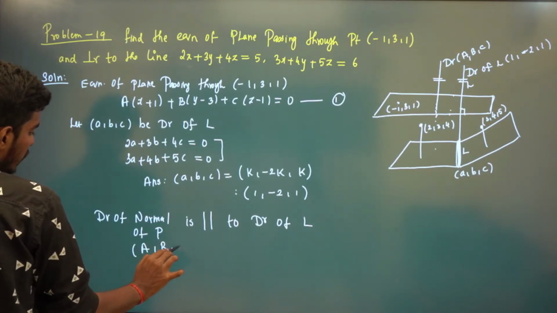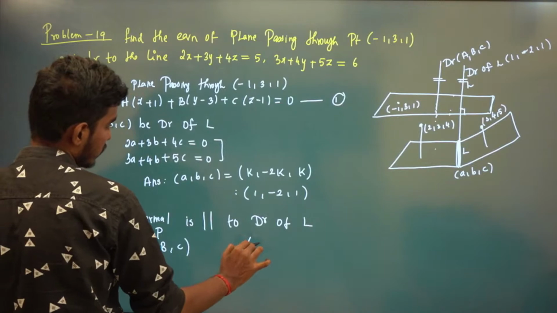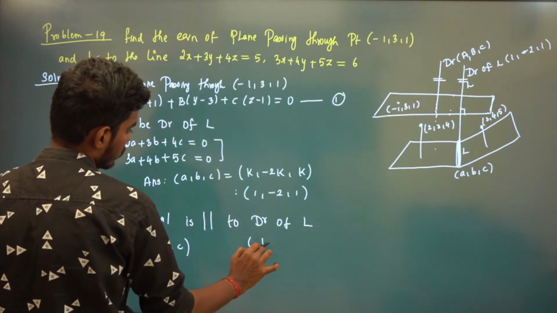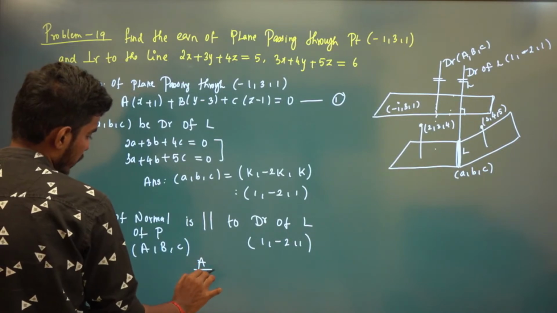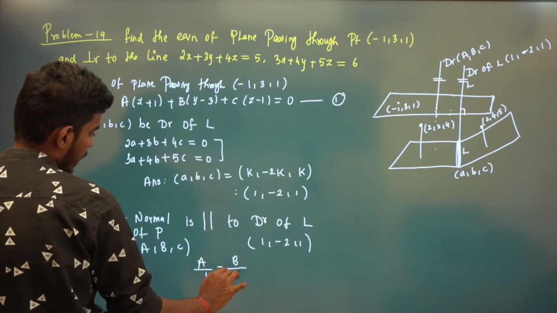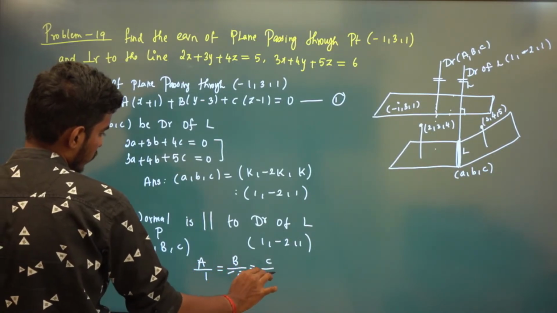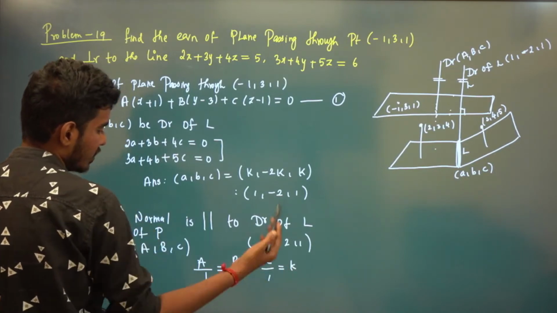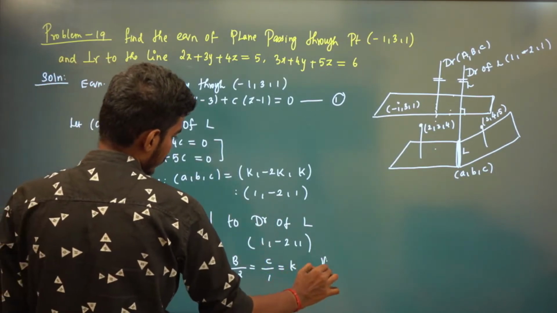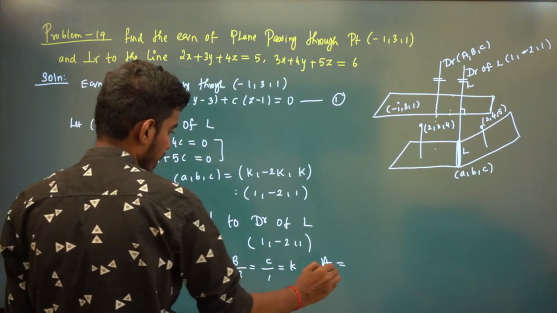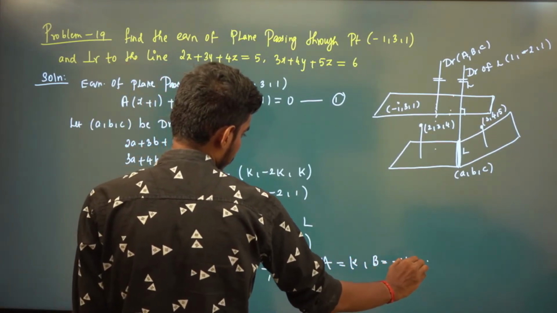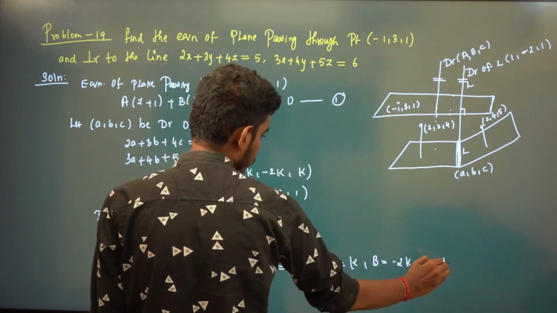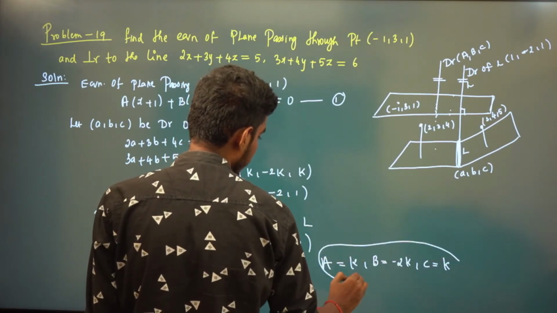It is A, B, C. And what is the direction ratio of L? It is 1, minus 2, 1. So they are proportional. So we have A by 1, B by minus 2 is equal to C by 1. Let us say it is equal to K. So that means A value is K, B value is minus 2K, and C value is K. So we have found the value of A, B, C.